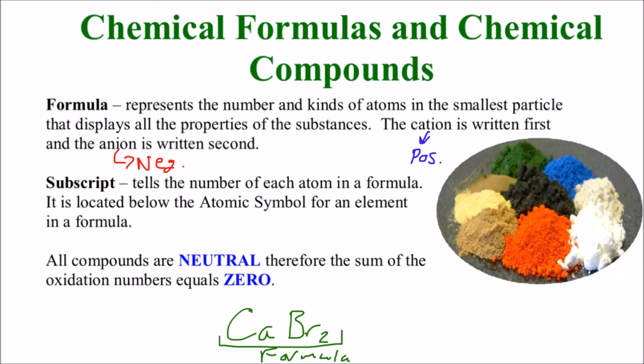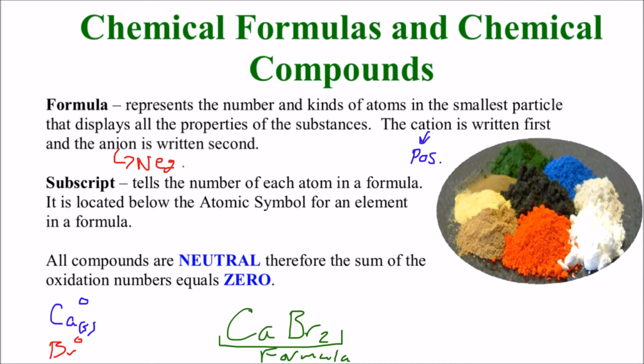Okay, now this entire formula here is neutral. It has 0 charge. The element calcium, so the solid metal calcium, has 0 charge. Okay? And the element bromine has 0 charge as well.